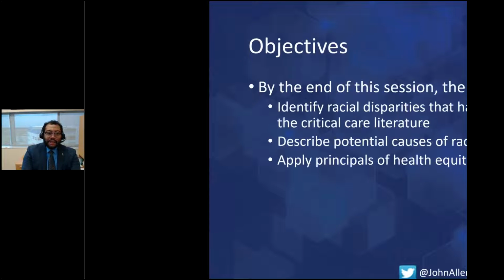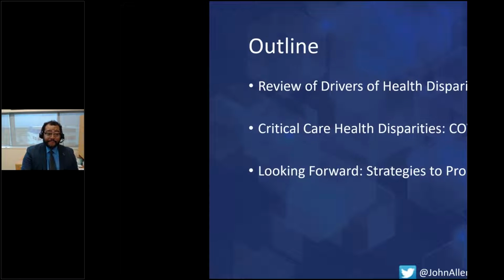Briefly, just highlighting what we'll be talking about today: we'll be highlighting ways and terms for clinicians to identify racial disparities that have been commonly described in the critical care literature. We'll describe potential causes of racial disparities in critical care, and then we'll apply principles of health equity to critical care practice.